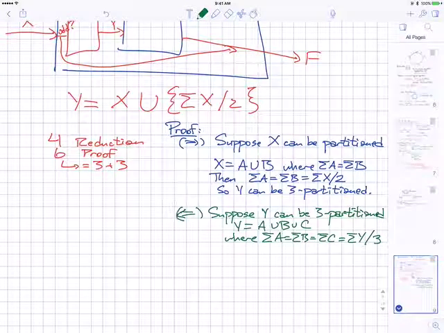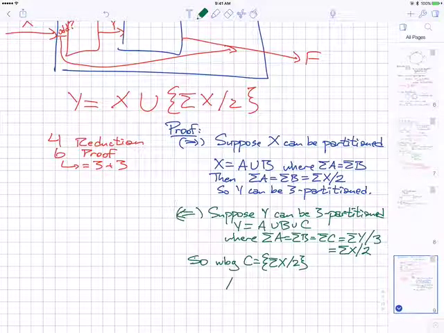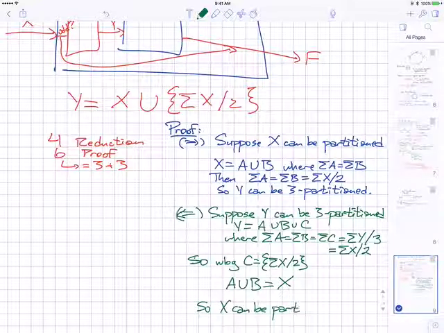But by construction, this is equal to the sum of all values in X divided by 2. So without loss of generality, C is equal to this singleton set containing the element that I've added, sum of X over 2. And therefore, A union B equals X, so X can be partitioned.